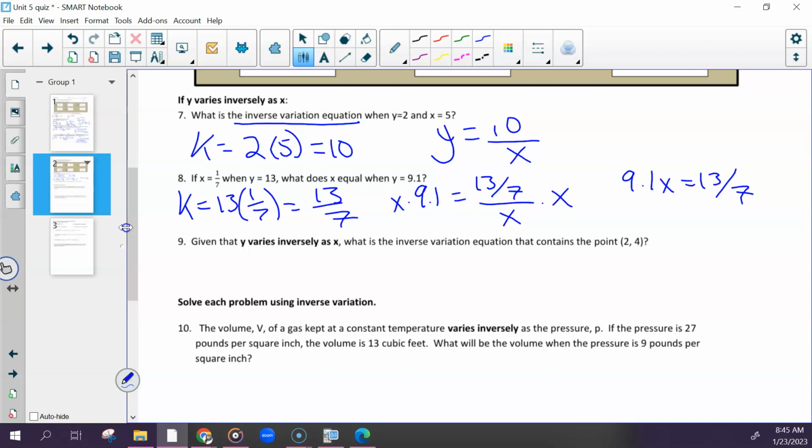I don't know if it was this class or another class. Some of you were doing it not in the y equals k over x, but in the k equals yx. That doesn't matter, as long as you do one of them. You just have to show all your work for that. Do this one here.